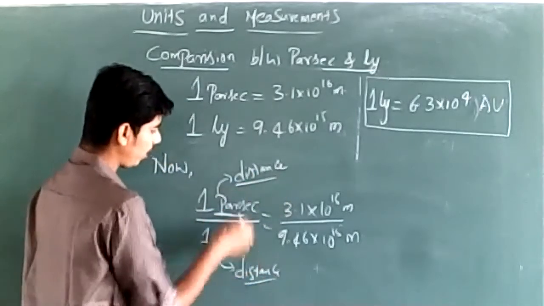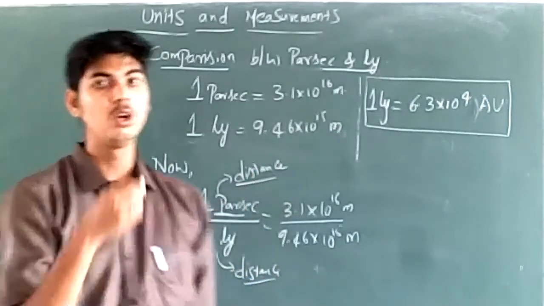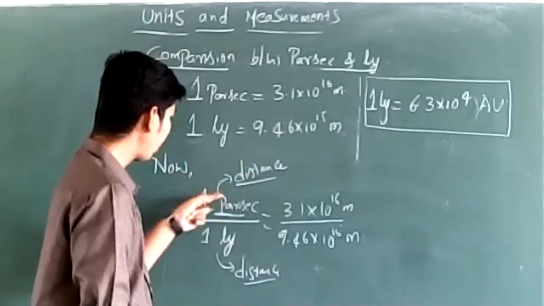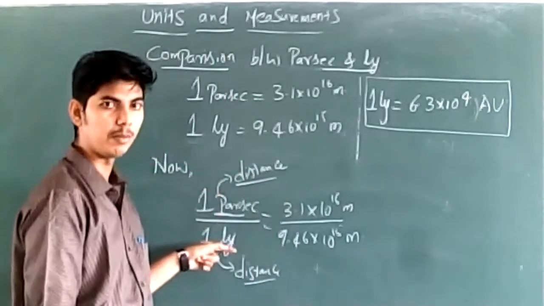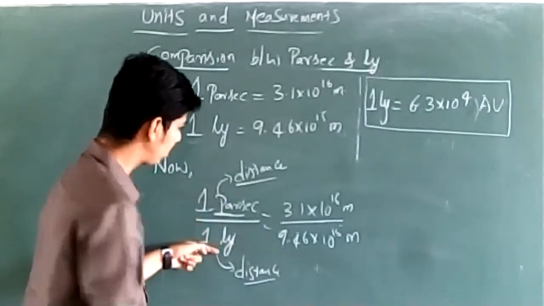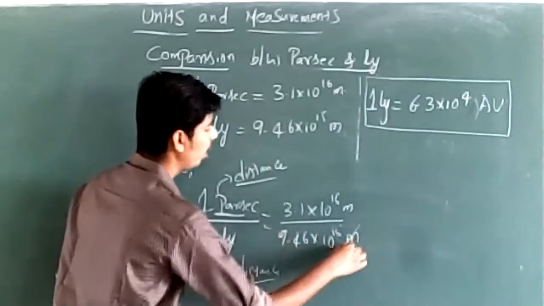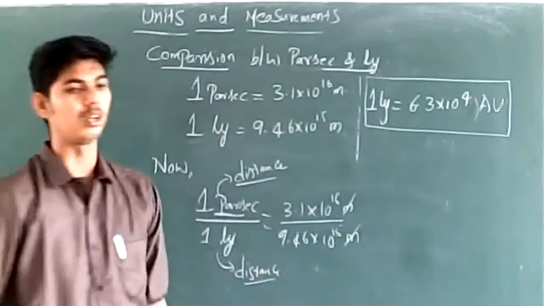When you divide two similar physical quantities, or physical quantities of the same kind, if you divide physical quantities of the same kind, their units get cancelled out.